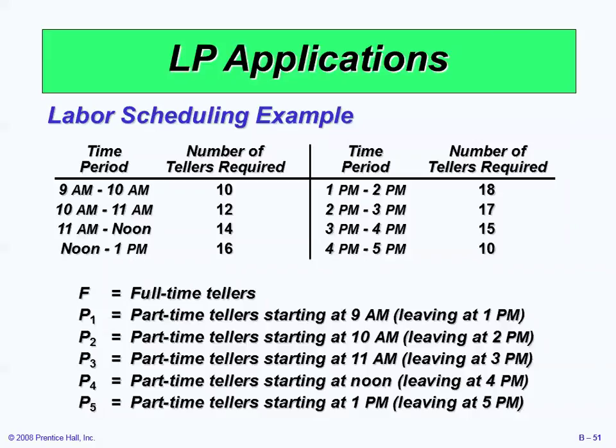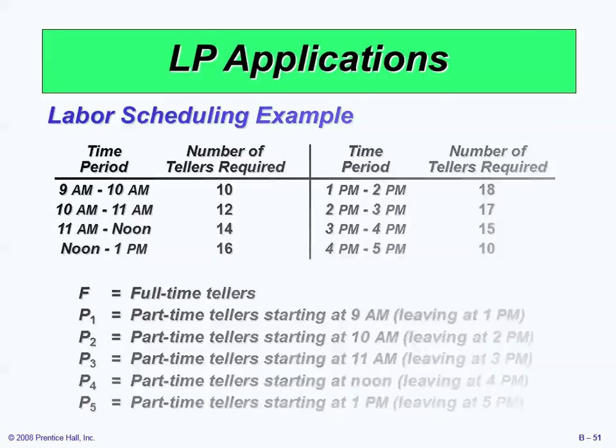How many full-time workers and how many part-time workers starting at different points of time should we hire so as to have the minimum requirement of tellers in each of the time periods? It's very simple. The full-time tellers will be there all the time. Of course, we want to minimize the total cost.